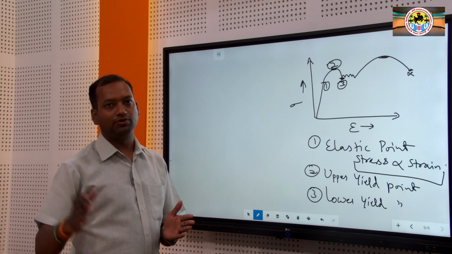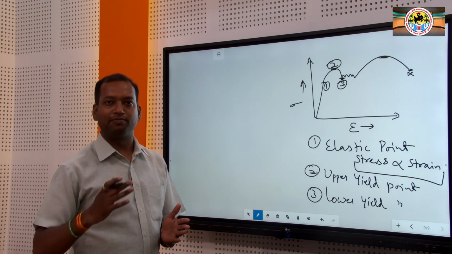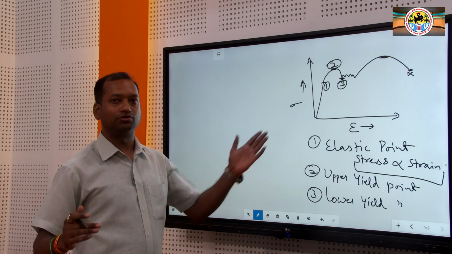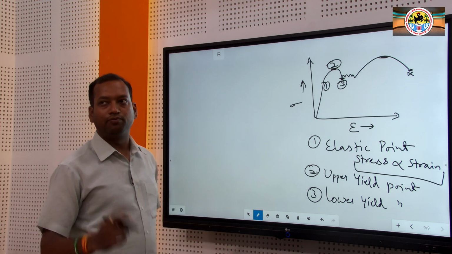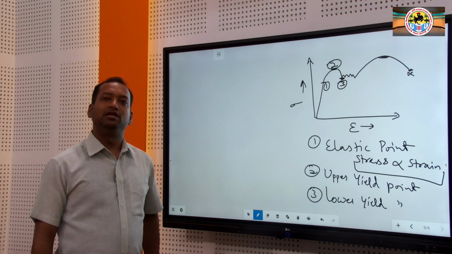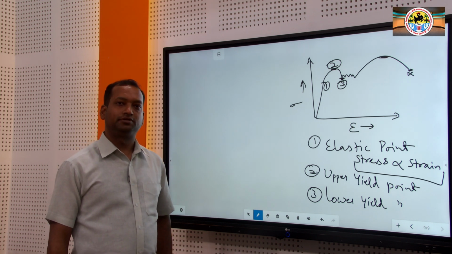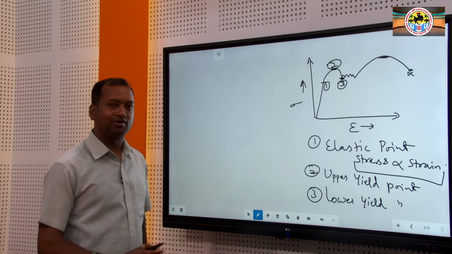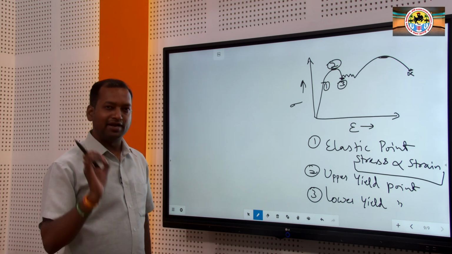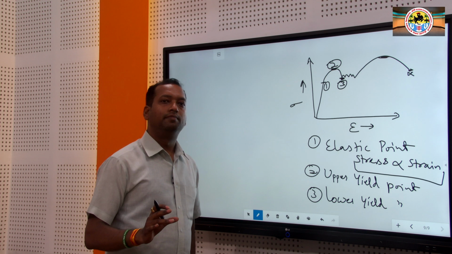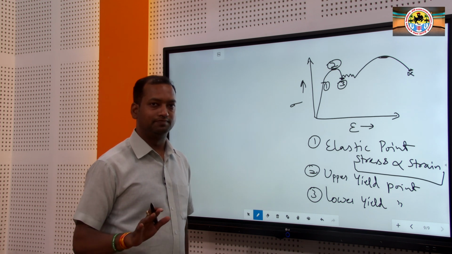As it crosses point number 3, the breaking of bonds suggests the material comes under plastic condition. It will never regain its 100%, or even a minor part of it, right.